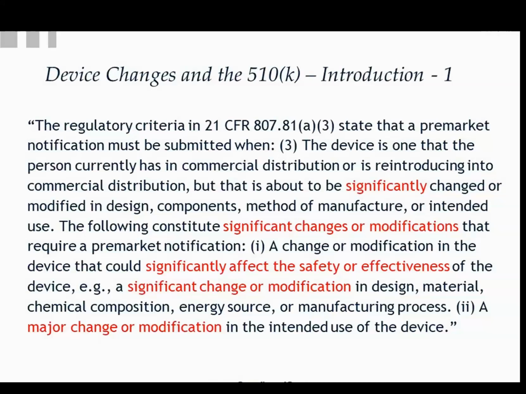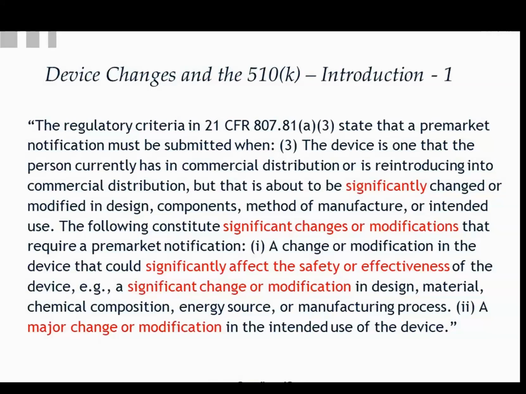And so another area which is automatically a trigger for a new 510K is a major change or modification in the intended use of the device and/or its use population, etc., indications for use. If you change those, more than likely you're going to have to file a new 510K.